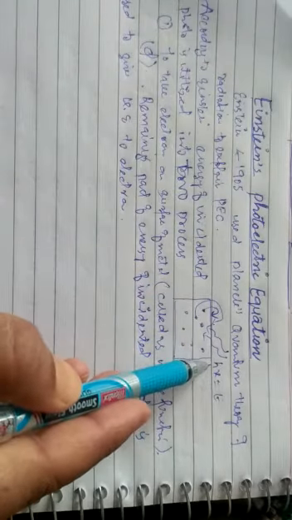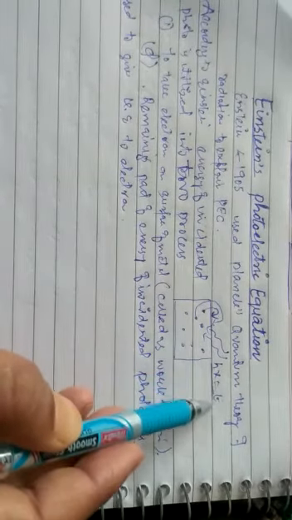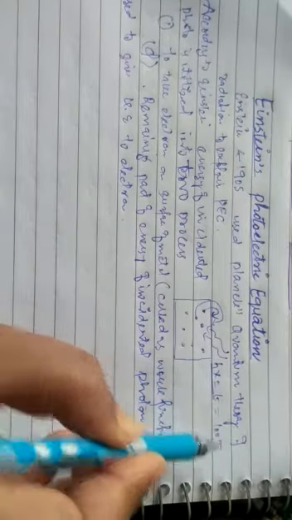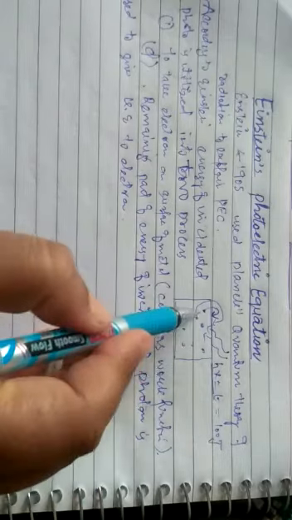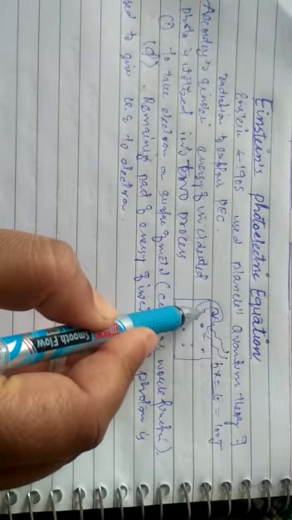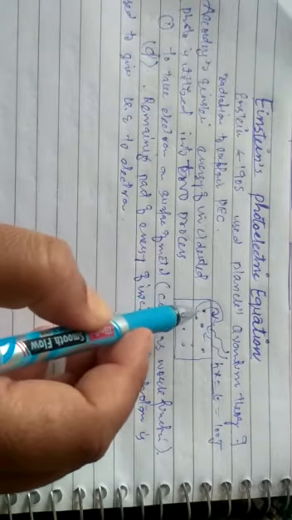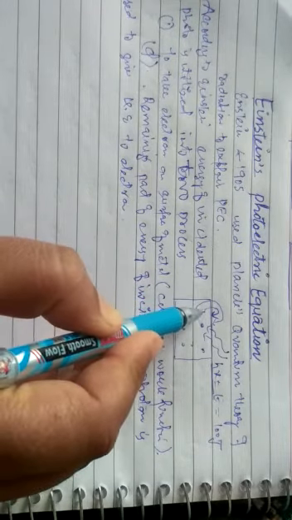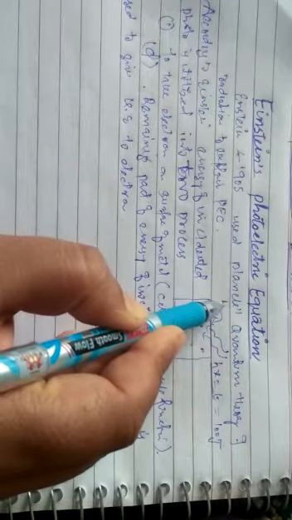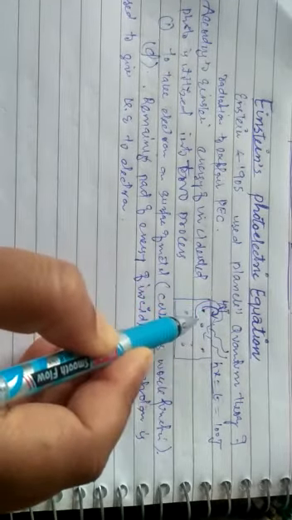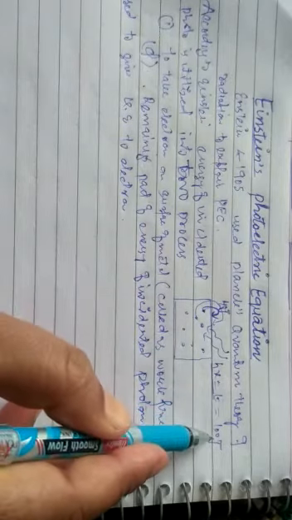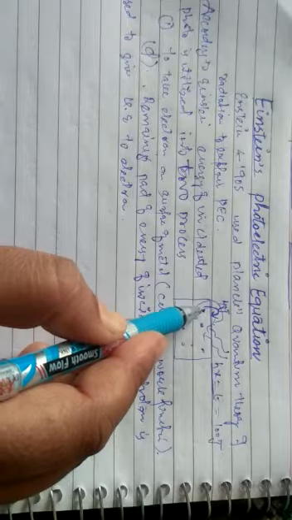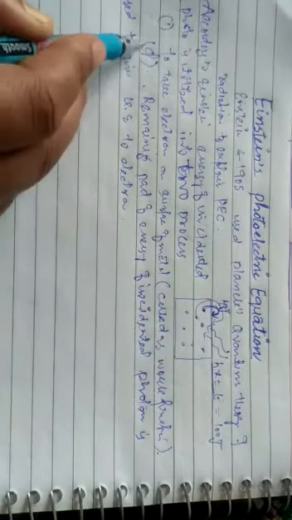Let's take an example. Suppose this photon has 100 joules of energy. If the electron takes 40 joules of energy to come to the surface, then 40 joules are utilized as the work function phi.